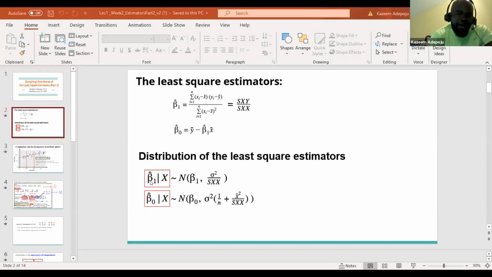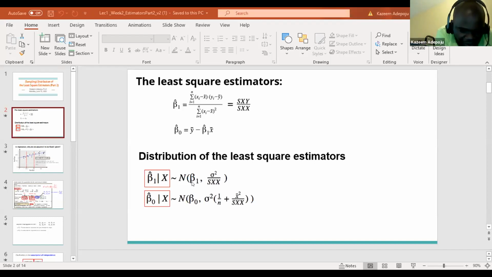The value of beta one cap, given the predictor, is normally distributed with this mean and this variance. The mean of beta one cap is the parameter, because the parameter is the true value.